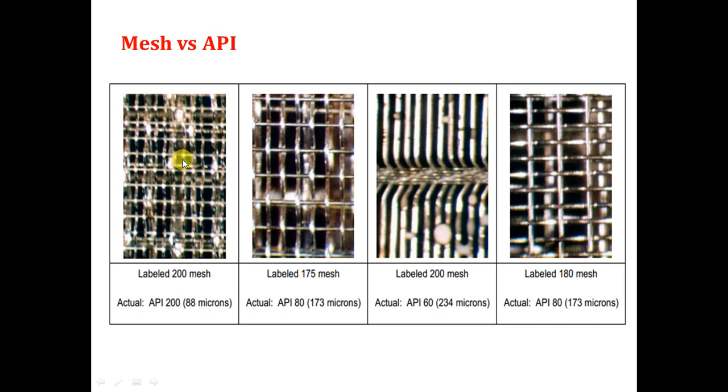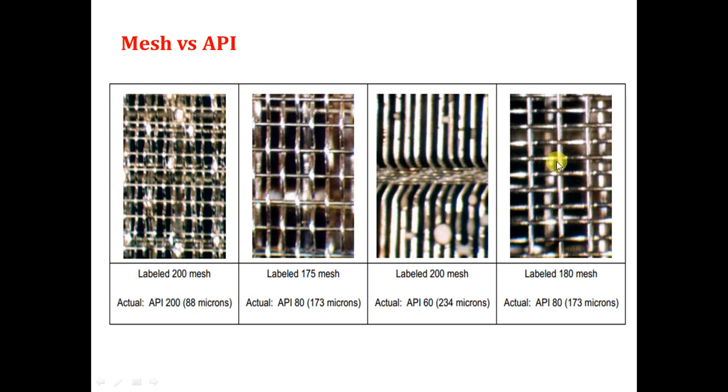So this is the main difference between the mesh and the API. It is different from one company to another, and as I told you, it depends on the wire diameter of each screen.